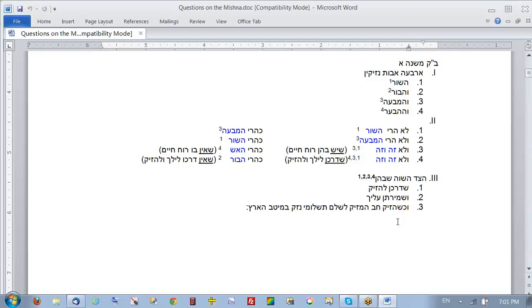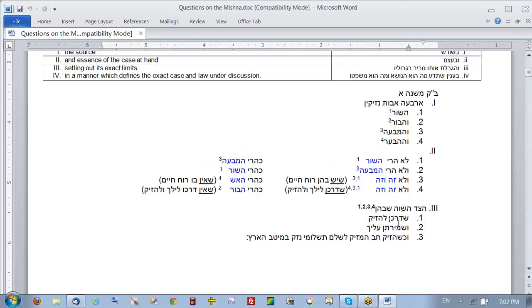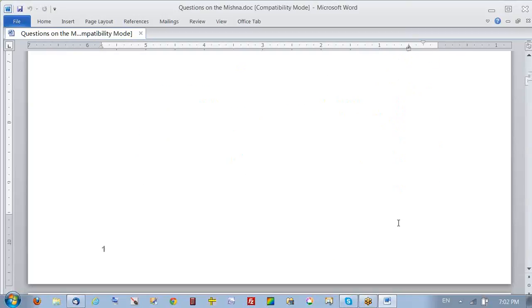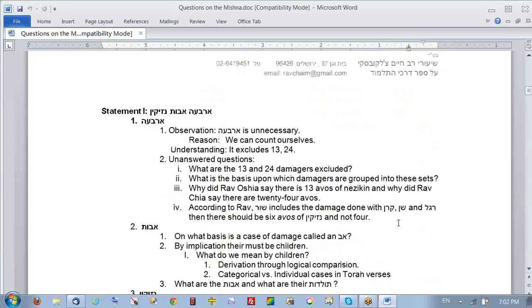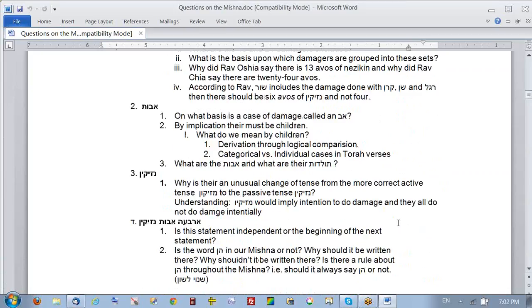For instance, this type of limud is something that you have to really learn, this idea of kal v'chomers and how they work, but we'll go into it, bli neder. But before I do that, what I would like to do with you, before you go into here, I sent you this, I hope you have it. Here I wrote a summarization of the problems that we've been discussing.